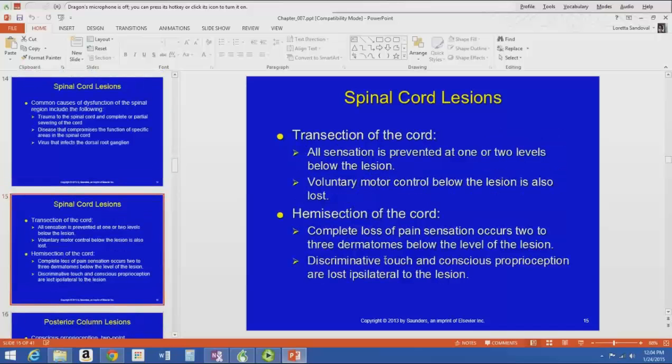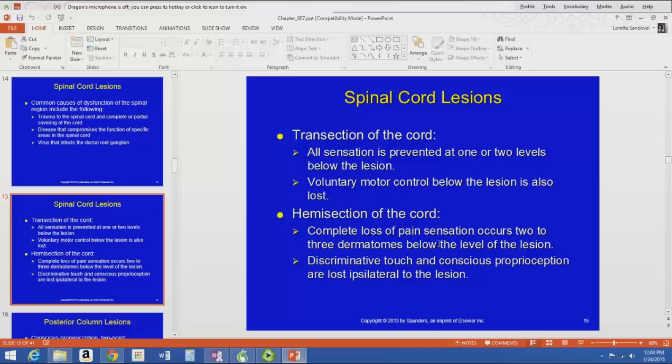So with spinal cord lesions, you lose sensation at 1 or 2 levels below the lesion. So say your lesion was at T8, you would lose sensation below that, so from about the bottom of your shoulder blades down.